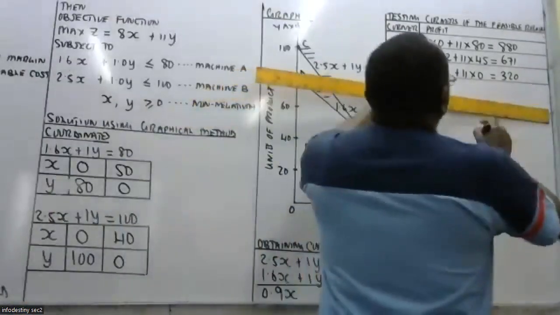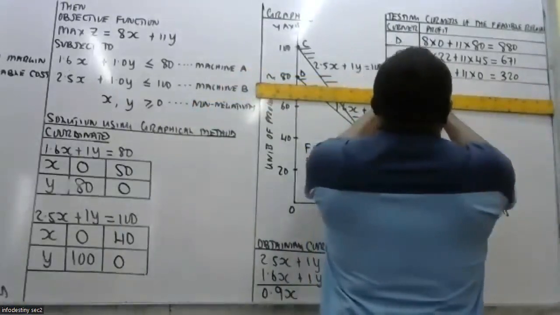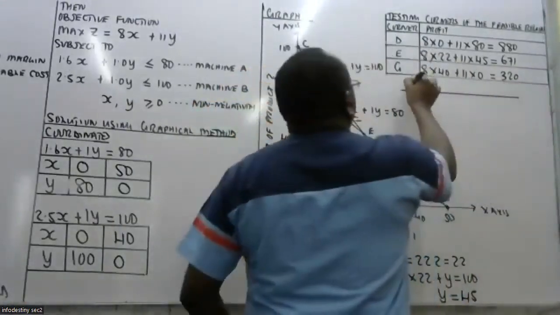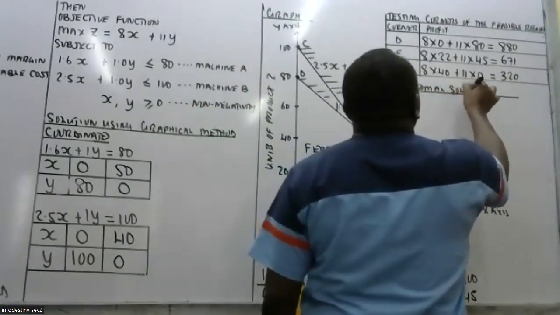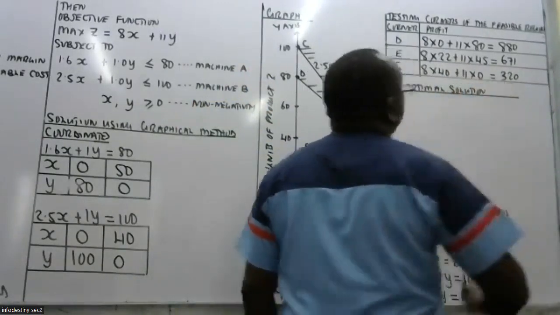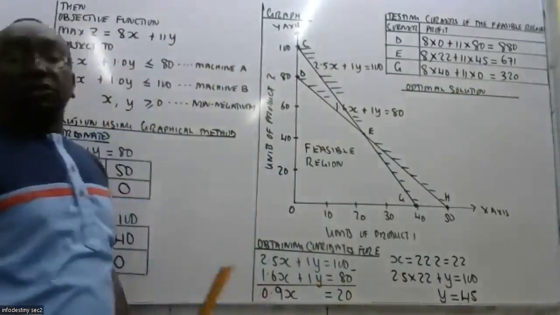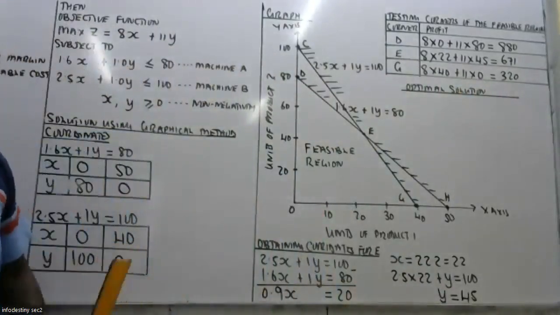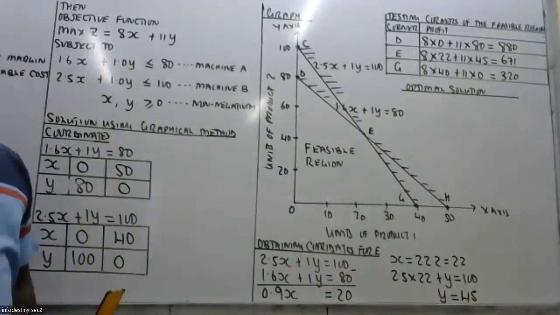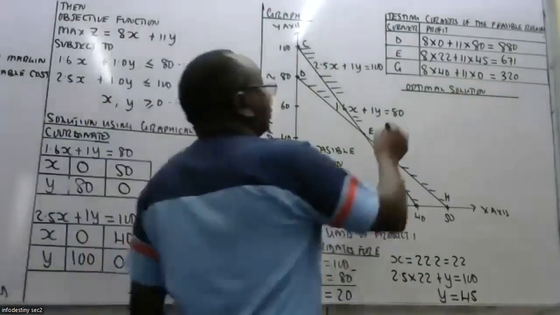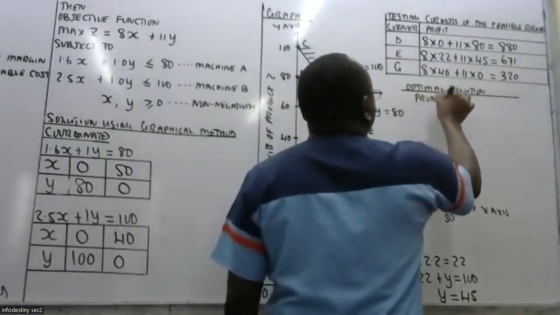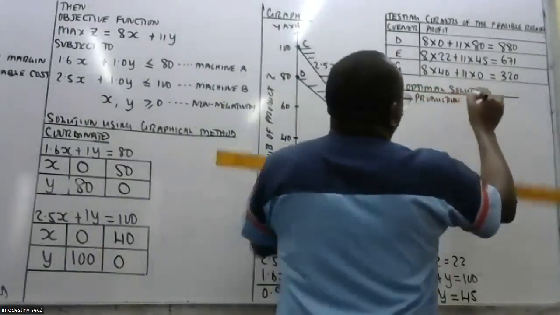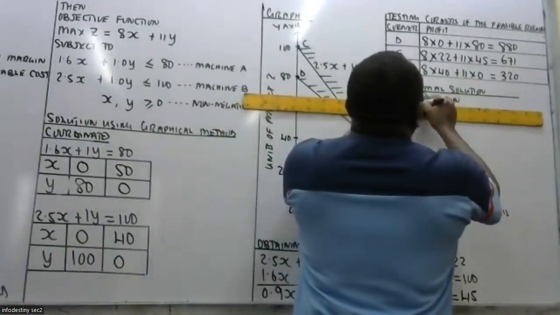So the optimal solution, when you're told to tell us the optimal solution, there are two things that you tell us. One is about production.